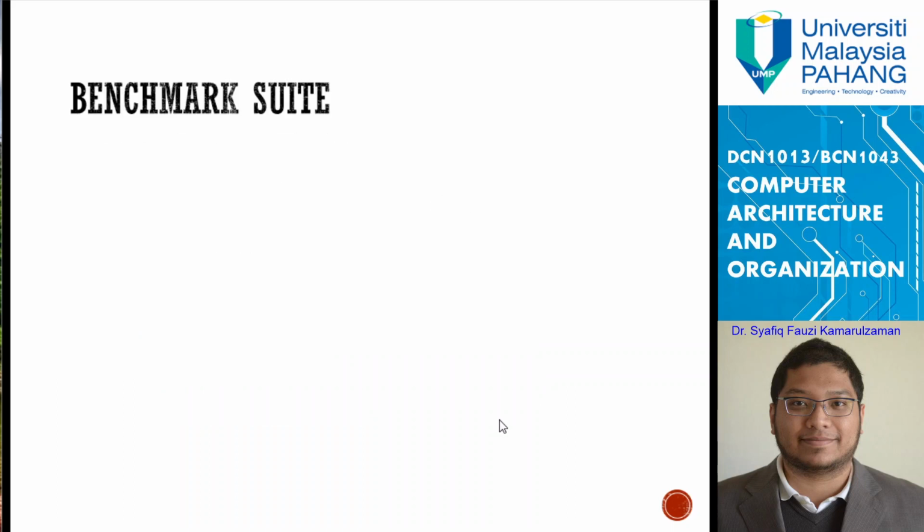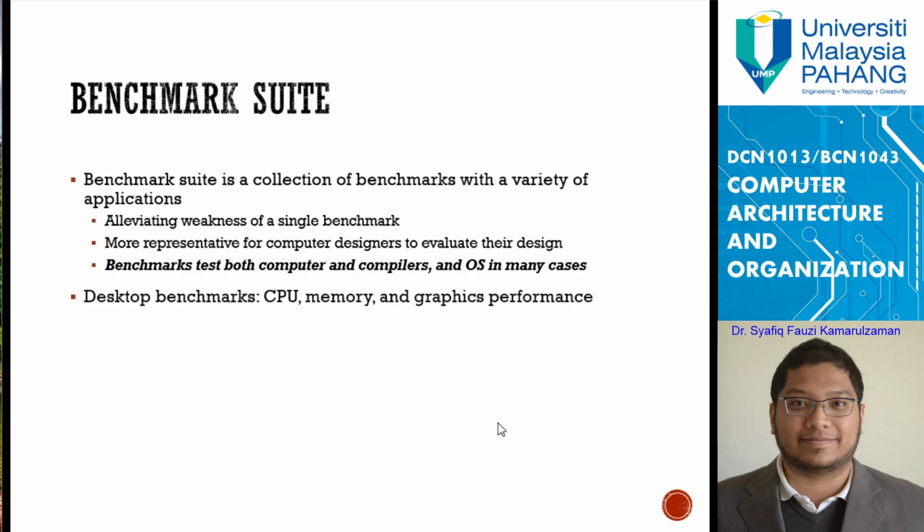So we have benchmark suites that we use to compare. What exactly is a benchmark suite? A benchmark suite is a collection of benchmarks with a variety of applications. It alleviates the weakness of a single benchmark and is more representative for computer design to evaluate the design. Benchmarks test computers, compilers and OS in many cases.